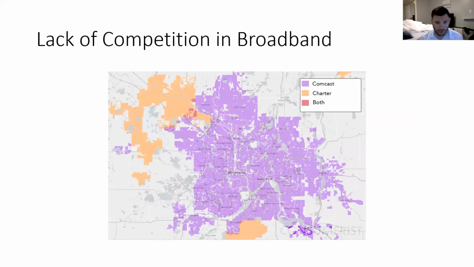And you'll notice if you look in that diagram, there is a little red region where consumers actually can choose from both. But in the areas where there's only orange or purple, consumers have no other alternatives. They can choose only Comcast or only Charter, meaning effectively Comcast and Charter are operating monopolies with respect to the consumer choice in those purple and orange areas.